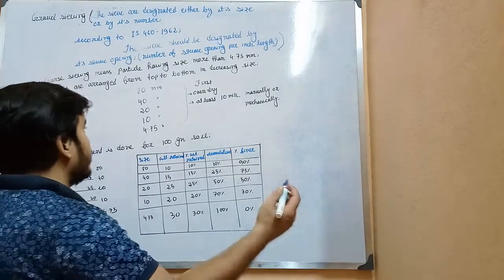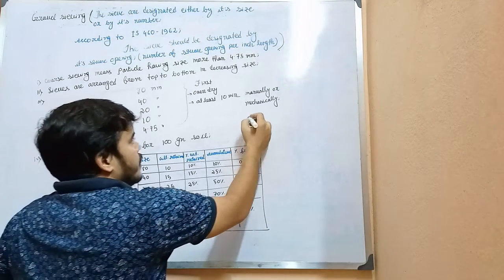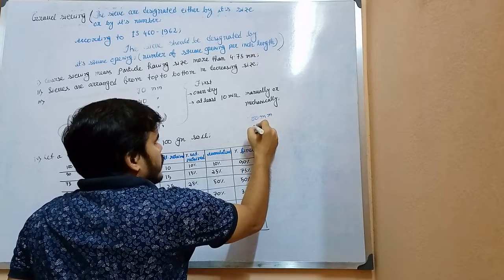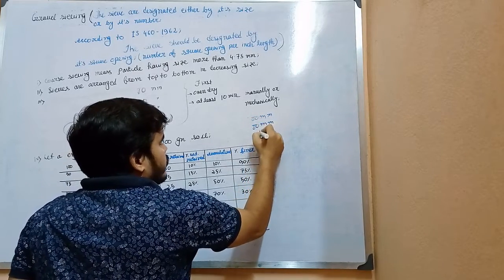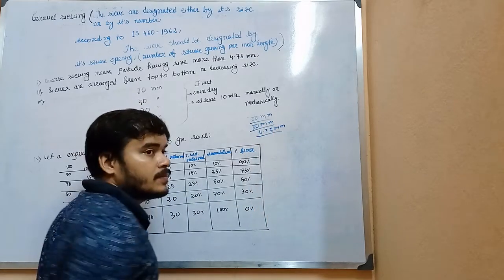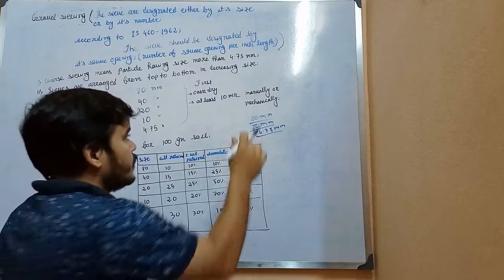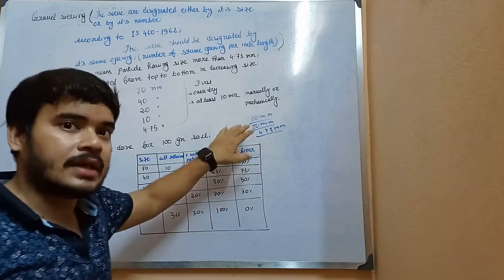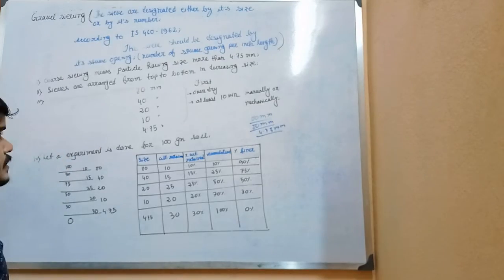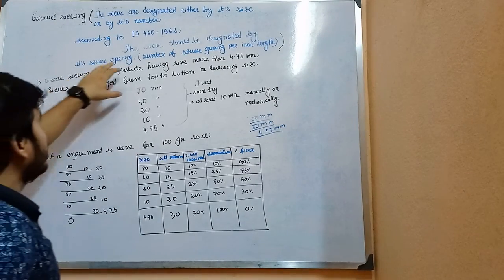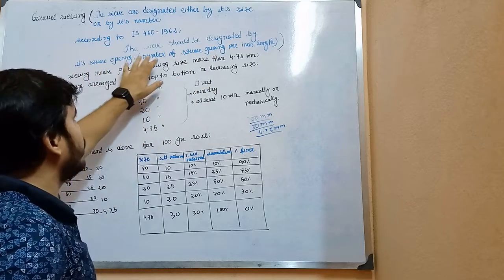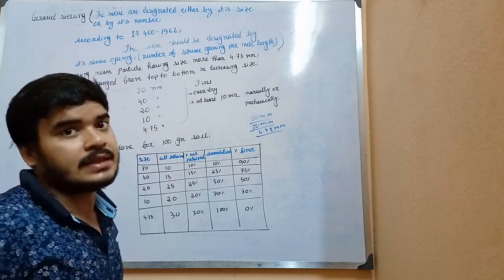What we have learned, 300 millimeter, 80 millimeter, 4.75 millimeter, is the size of the sieve. We can distinguish the sieve by its size or by its number. The sieve designated by number means the number of square openings per inch length.